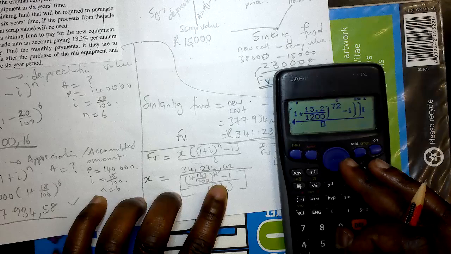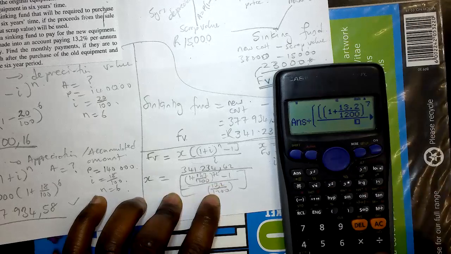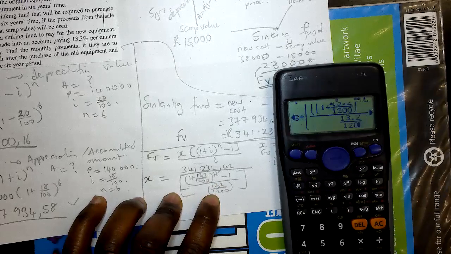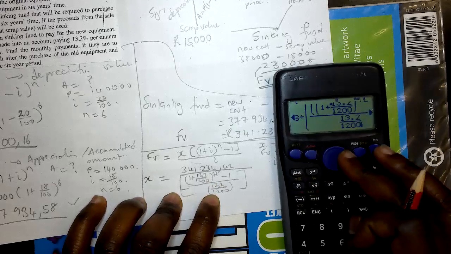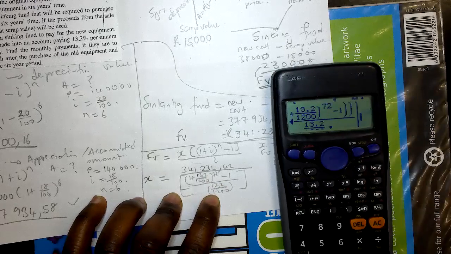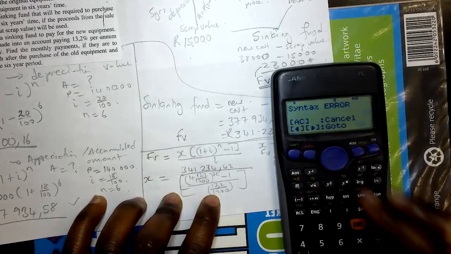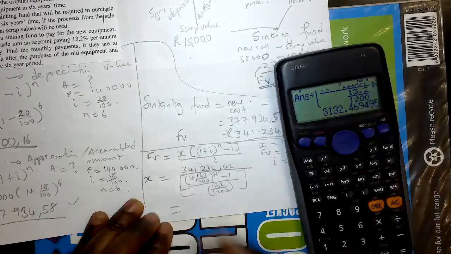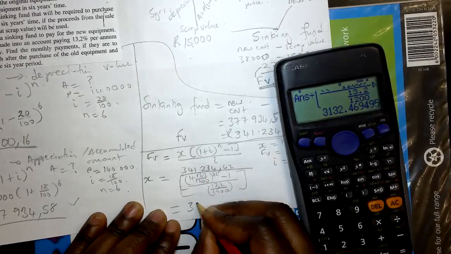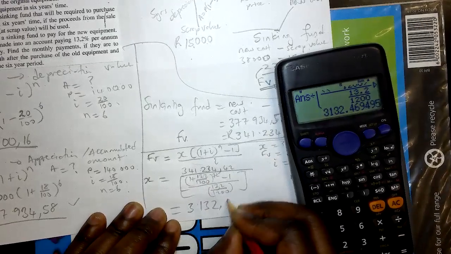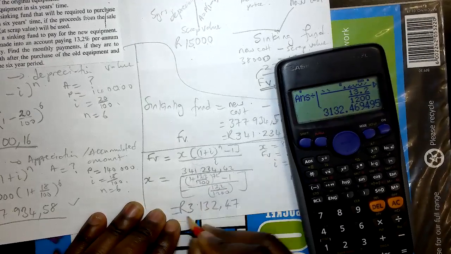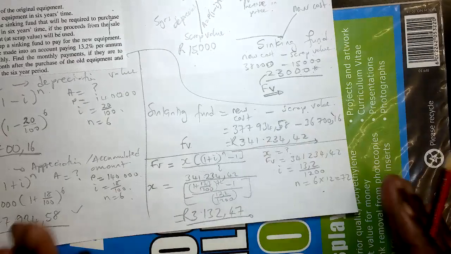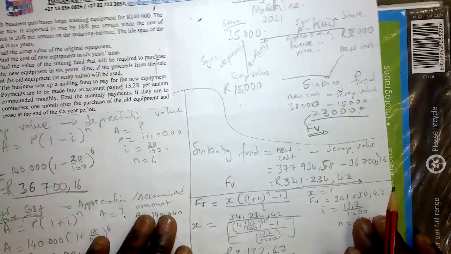We are going to say over 13.2 over 1200. Okay, let's put the bracket to close. Okay, it means that we need to delete maybe 1 here. Let's see if we're getting the answer. Okay, so we have 3,132.47. This is the amount that should be paid in the sinking fund account so that we can have all the amount that we need to purchase what? The new machine.